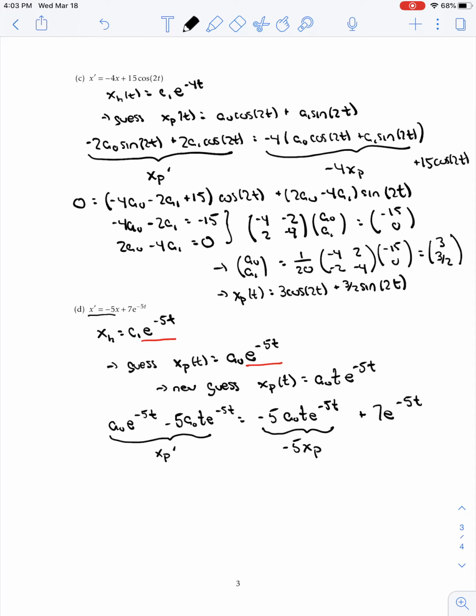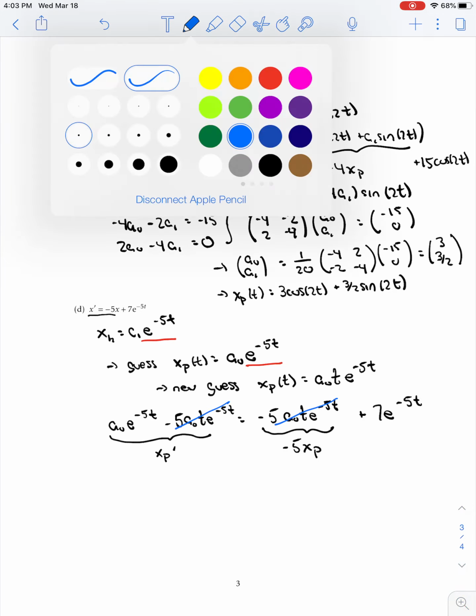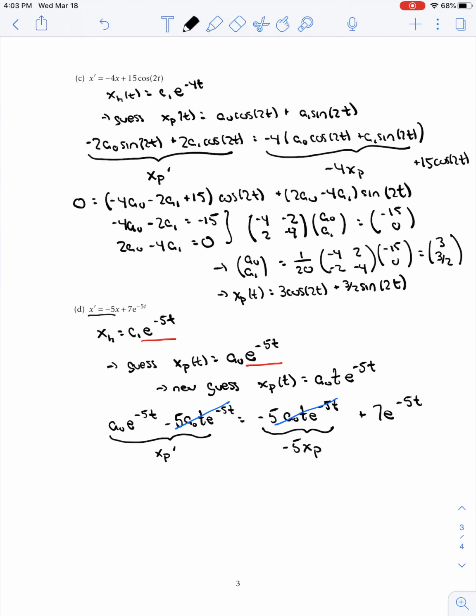And if I look at both sides, I see that some nice things will happen. In particular, both sides have the minus 5 a naught t e to the minus 5t. So that part goes away. And so in the end, we're just left with a naught e to the minus 5t is equal to 7 e to the minus 5t.